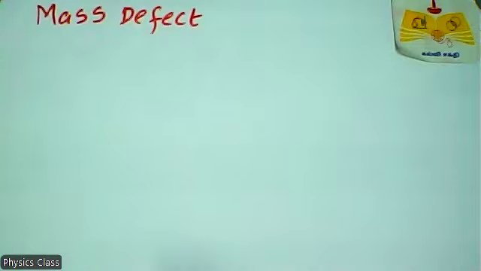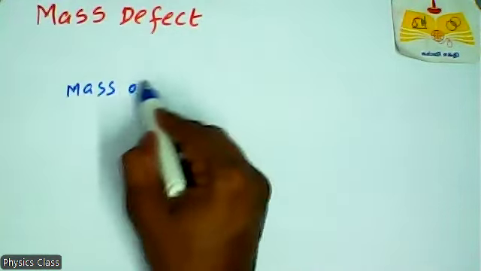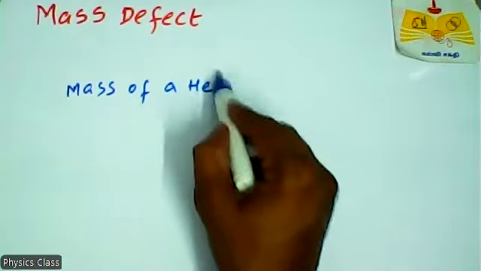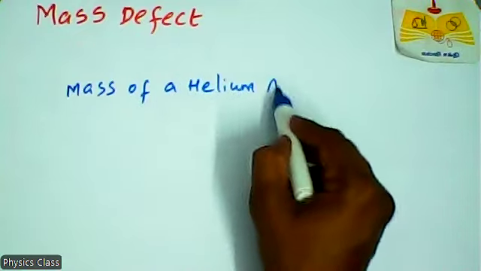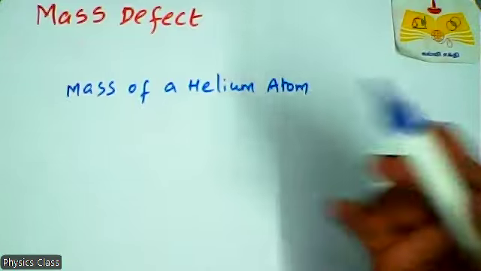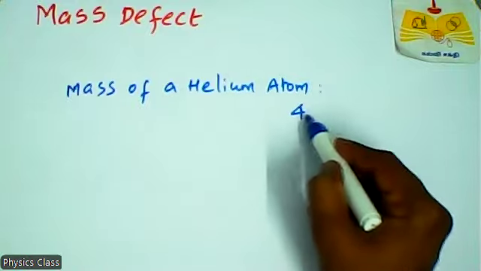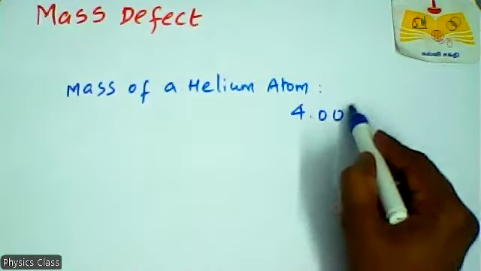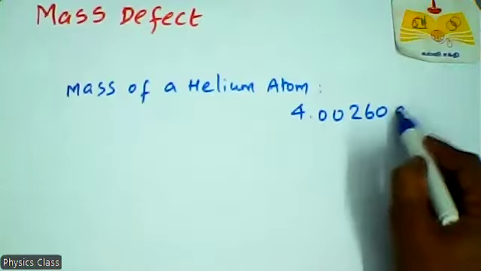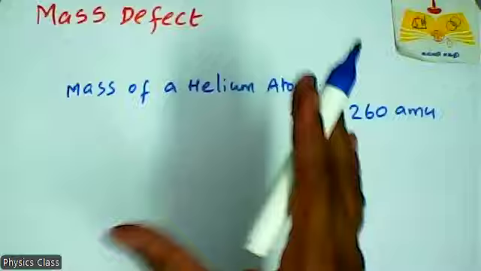For example, the mass of a helium atom, which you can get from the internet, is 4.00260 AMU, atomic mass unit, which is a unit for the mass of the atom.